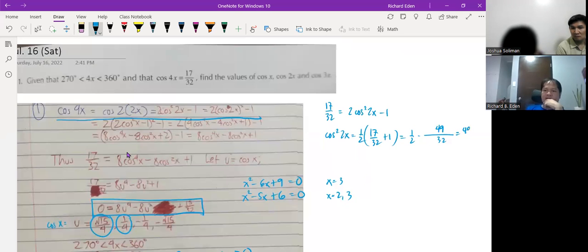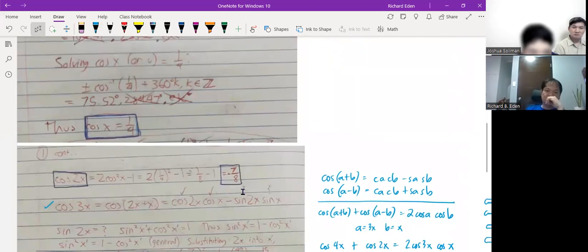So we have 49 over 64, which makes cosine of 2x equal to plus or minus 7 over 8. And then that's consistent with your cosine of 2x here, which is negative 7 over 8.